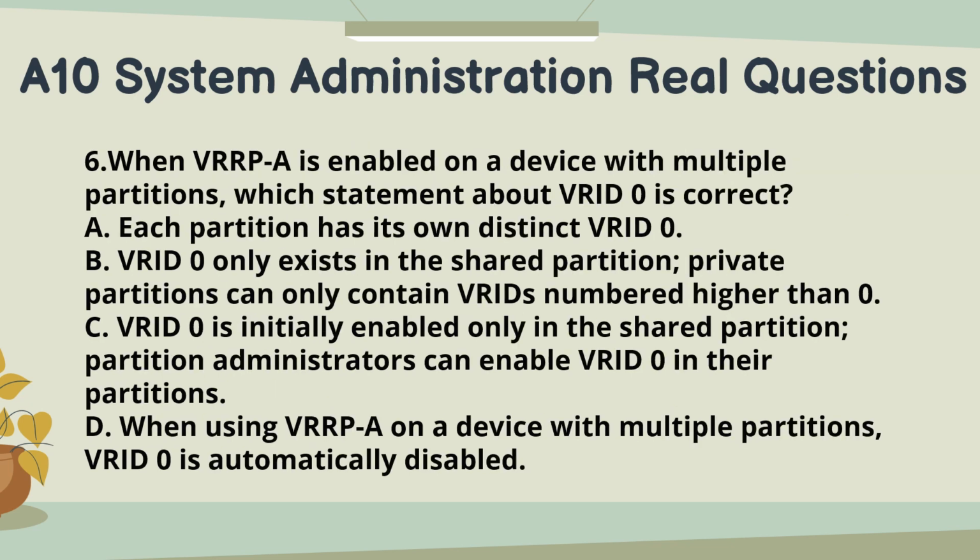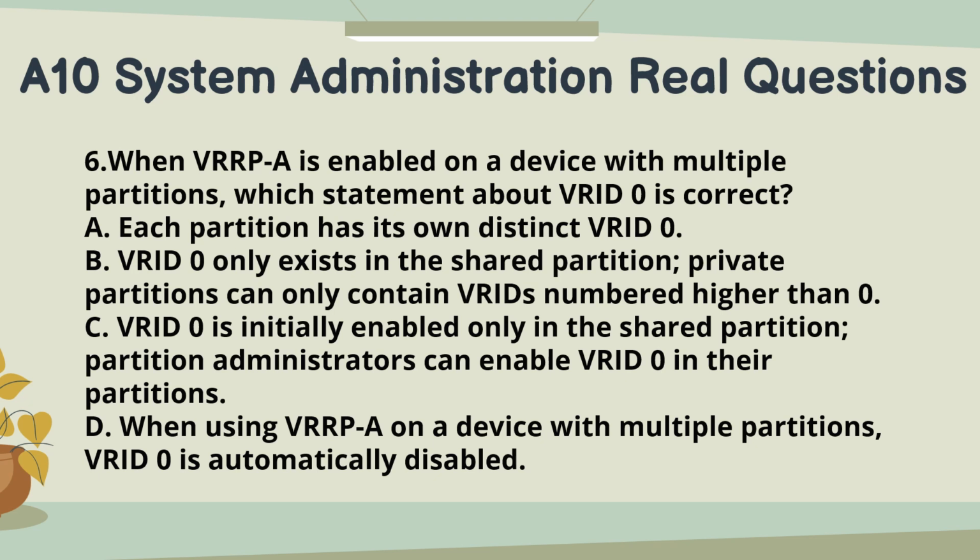6. When VRRPA is enabled on a device with multiple partitions, which statement about VRID0 is correct? A. Each partition has its own distinct VRID0. B. VRID0 only exists in the shared partition.